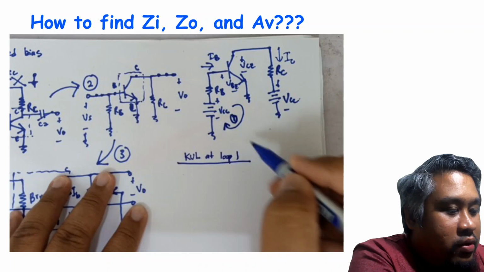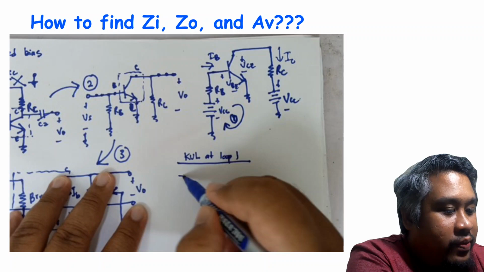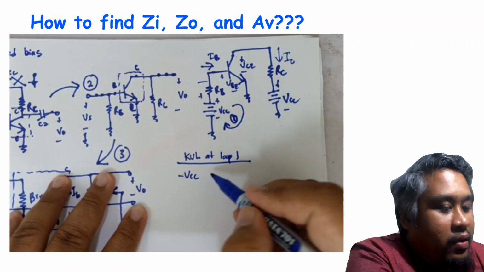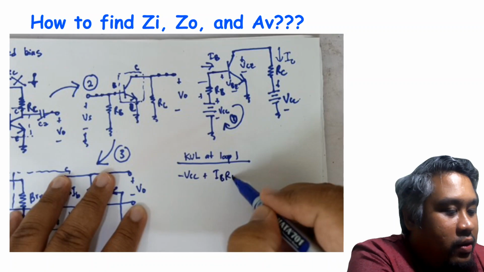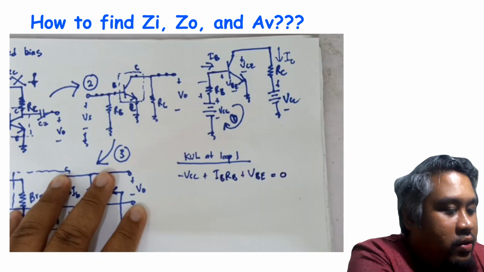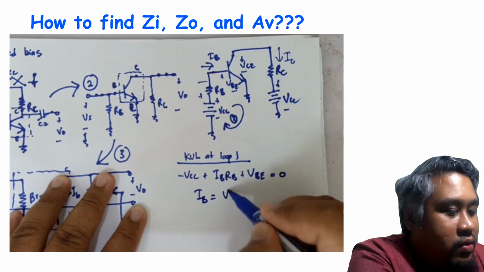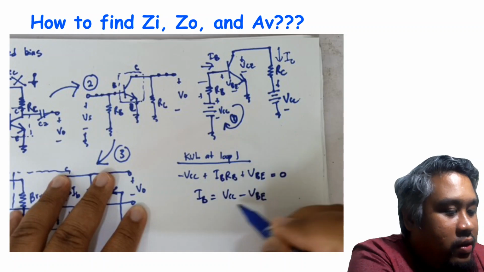So we have minus VCC plus IB RB plus VBE equals 0, and then simplify, and now we have IB equals VCC minus VBE over RB.